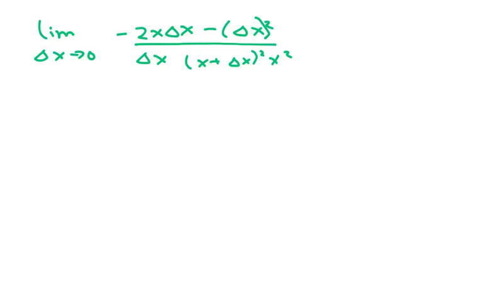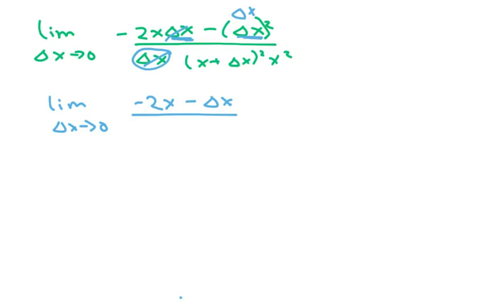And then what I can do is divide this piece into this one and one of those. So that will go away. That will go away, and we'll have one left here. So we get the limit of delta x approaching 0 of negative 2x minus delta x over x plus delta x squared times x squared.